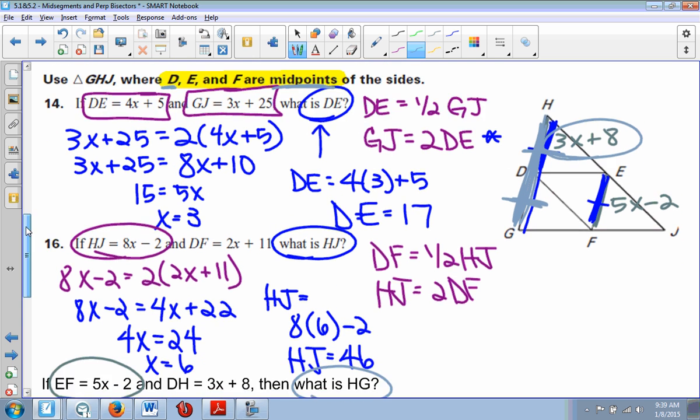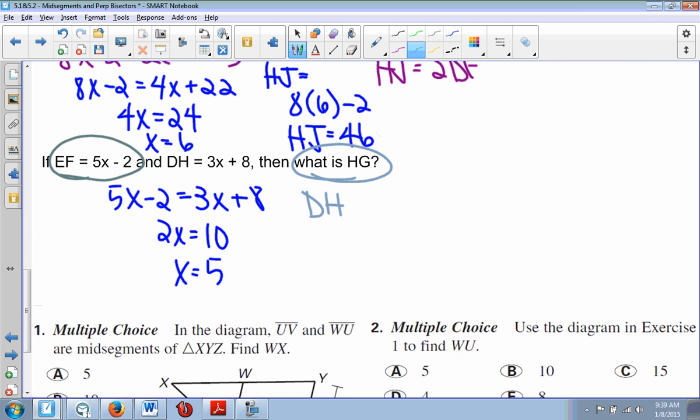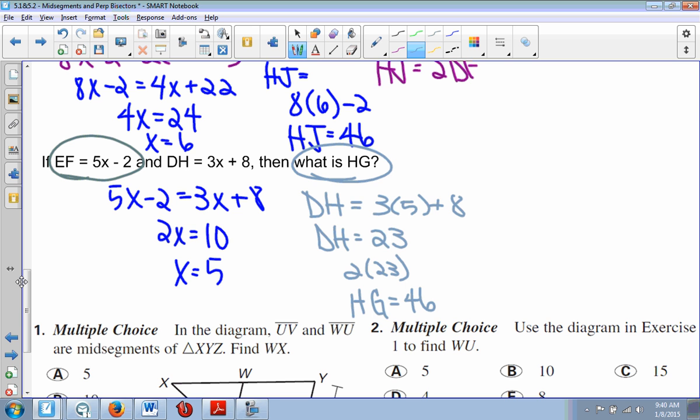So let's plug the x value into DH. So 3 times 5, add 8. That gives me DH as 23. But that's only a piece of HG. I have to double that, and I get HG to be a total of 46.